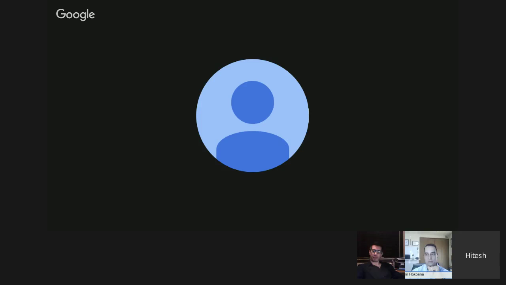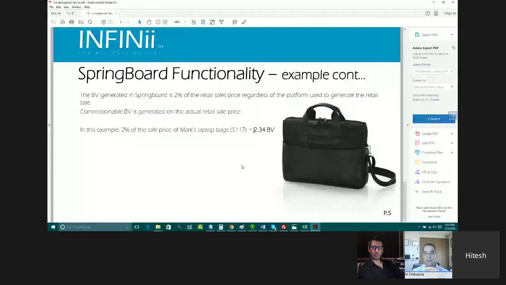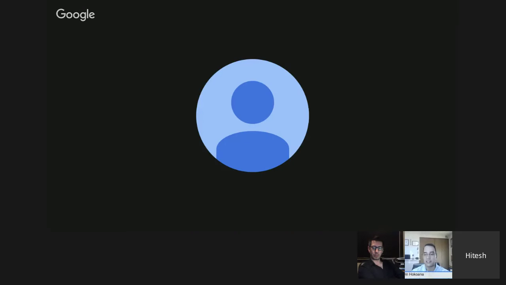Okay, and here's how the BD works. Real quick, everyone who's watching, do me a favor, open up the SpringBoard PDF, and follow along with what page we're on, because right now Google Hangout, from what I'm getting, is toggling back and forth. It's not always showing the page that you're on, Hitesh.